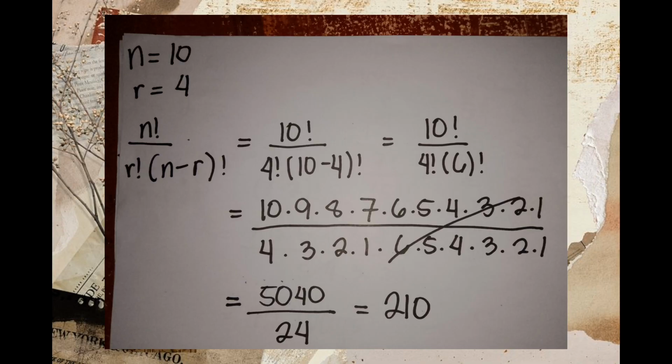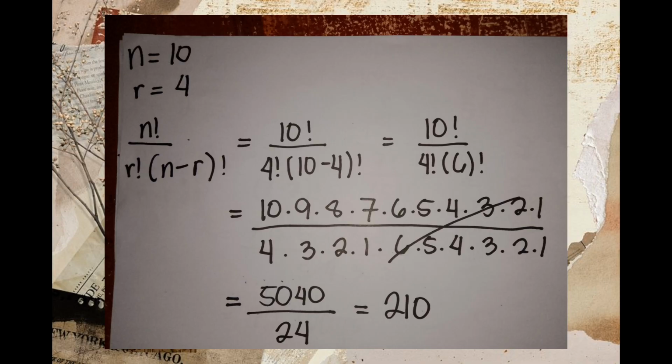The formula of combination is n factorial over r factorial times n minus r factorial, which is equal to 10 factorial over 4 factorial times 10 minus 4 factorial, which is equal to 10 factorial over 4 factorial times 6 factorial.